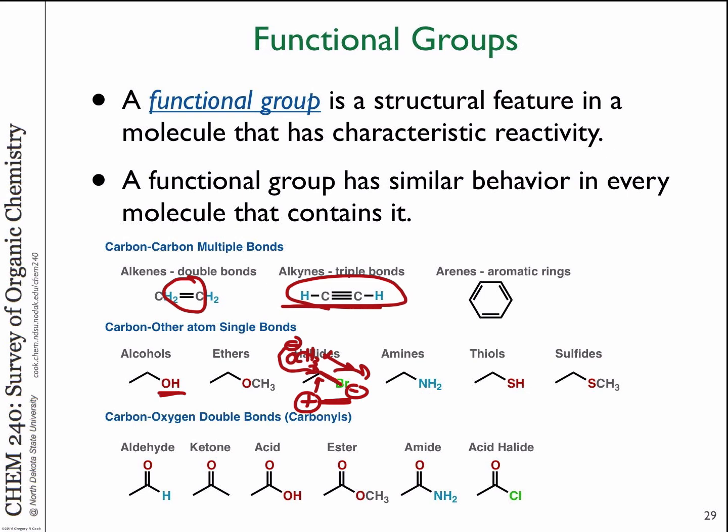Another class of functional groups is the carbonyls, carbon-oxygen double bonds. There's a variety of functional groups within this class. These are very important because they do a lot of different chemistry, in particular things like amide bonds, where you have a carbon-oxygen double bond next to a nitrogen. This is essentially the bond which is formed when you take amino acids and join them together.